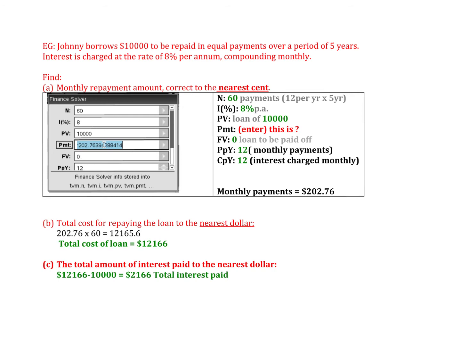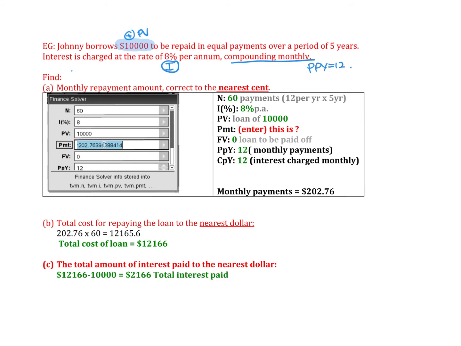So Johnny borrows 10,000. So what you start doing is you get used to doing, all right, he borrows 10,000. I often write PV positive above these things. To be repaid in equal payments over a period of 5 years. The interest charged is 8% per annum. So they told me the I, and they said compounding monthly. So I write PPY equals 12.